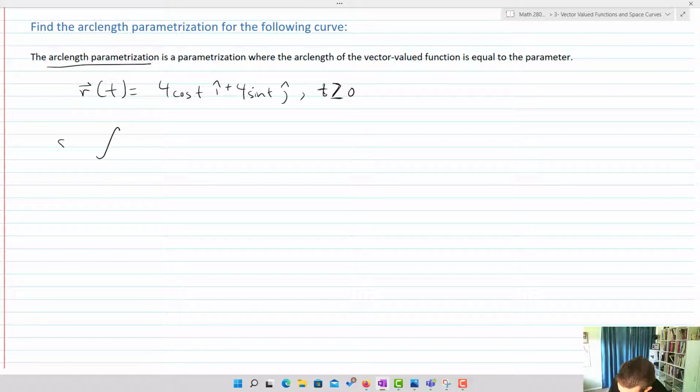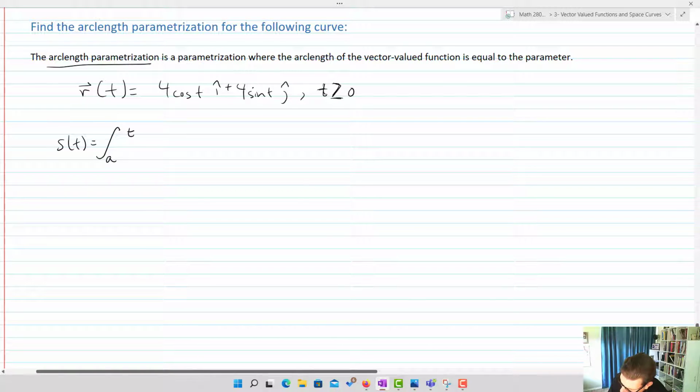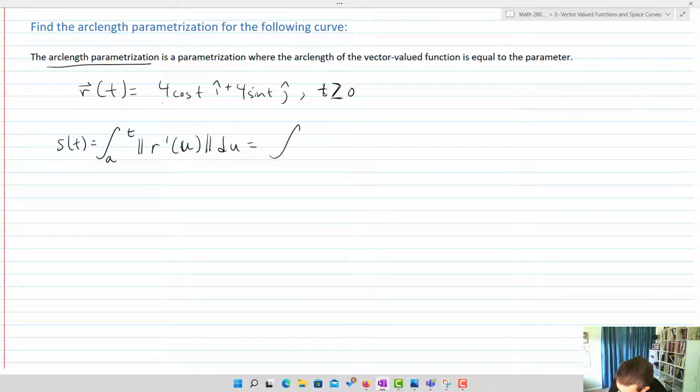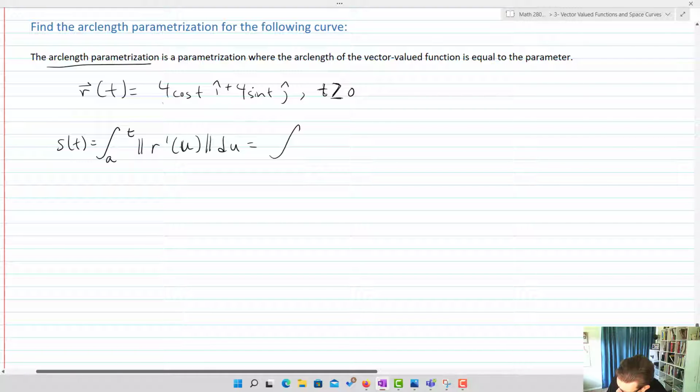So I'm going to have s of t equal to the integral from a to t of the magnitude of r prime of u du. In our case a is 0, because we start at 0, so it's the integral from 0 to t.